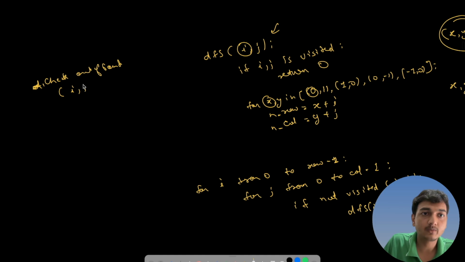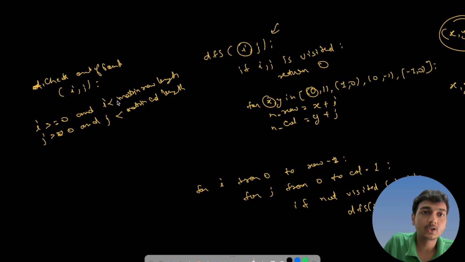Inside that function, with i, j, I have to check whether my i is greater than or equal to 0 and i should be less than my matrix row length, and j would be greater than or equal to 0 and j should be less than the matrix column length.